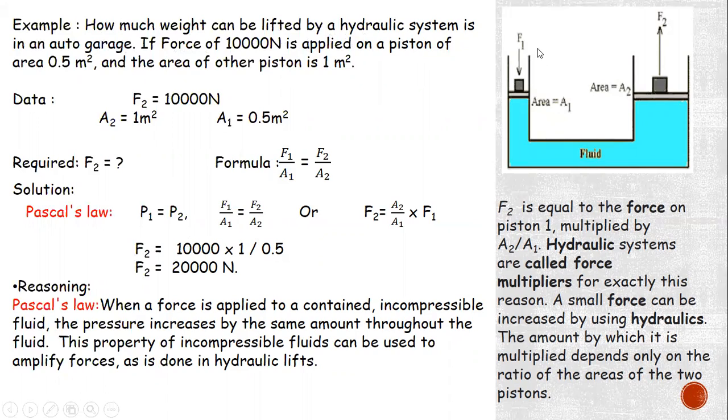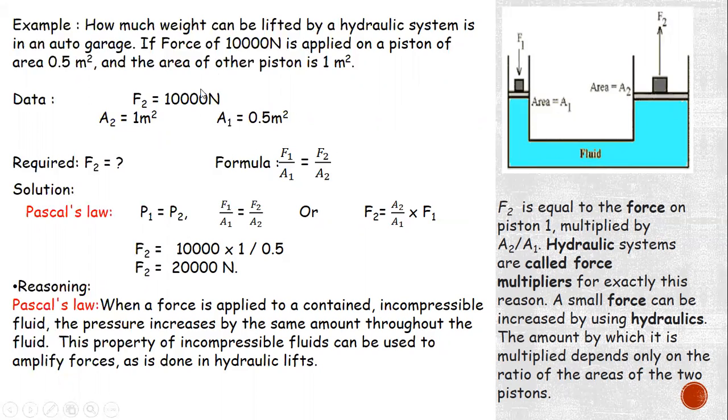If a force of 10,000 Newton is applied on a narrow piston of area 0.5, and the other piston has an area of 1 meter squared, you can see the area of the larger piston is exactly double.